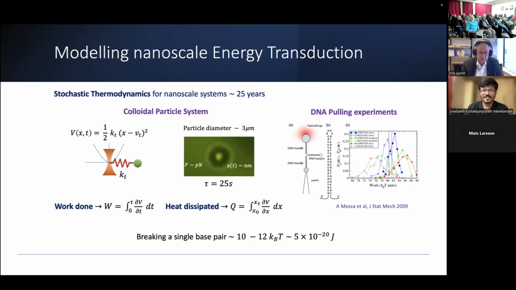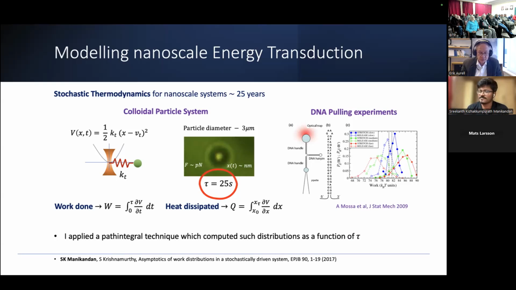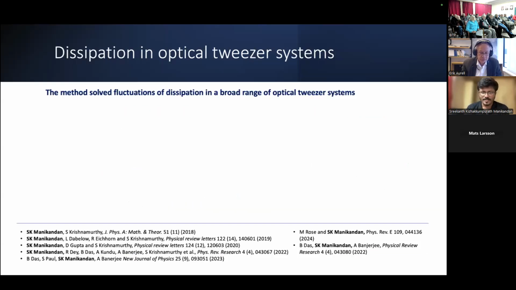Now, in my PhD research, I was looking at a large class of analytically solvable systems like colloidal particles in traps, and I was trying to look at work distributions of these systems analytically. We looked at a bunch of cases, which included, for example, particles in a trap whose mean position is modulated by a noise which is called active.